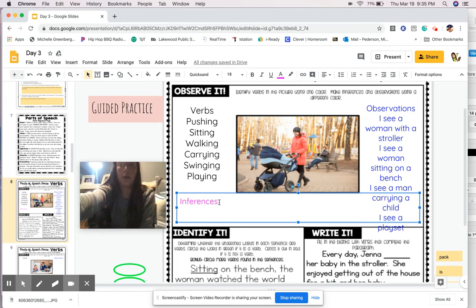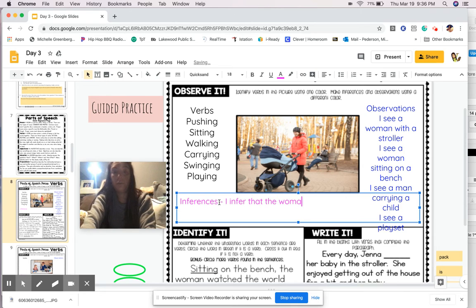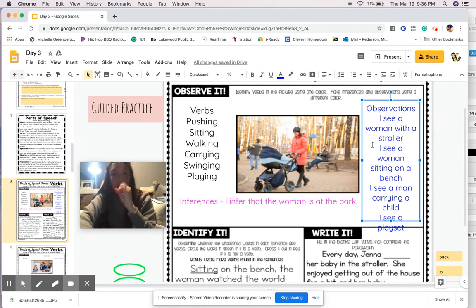And match it with our background knowledge so that we can make inferences. I infer that the woman is at the park. Now, I also noticed that the woman is wearing a jacket and a hat and boots. So here, look, I want to add that. You see how I don't really have room anymore in my text box?